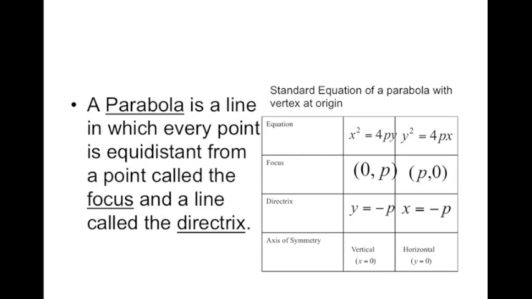So a parabola, it says, is a line in which every point on the parabola itself is equidistant, or the same distance, from a point called a focus and a line called the directrix. Okay, so I'm going to graph out what this is talking about.